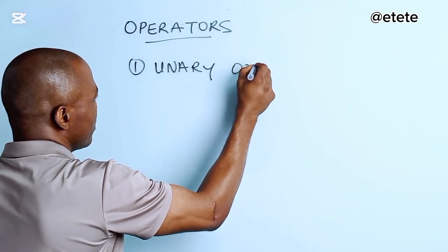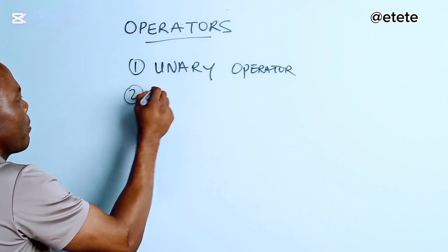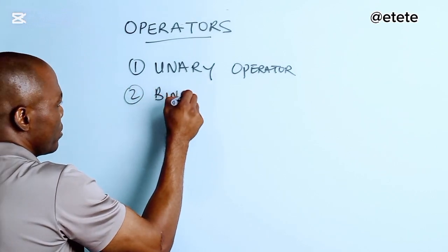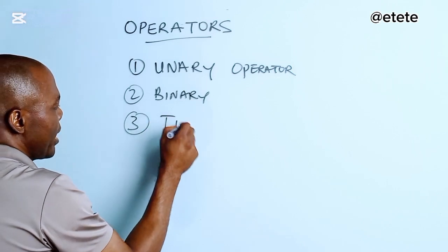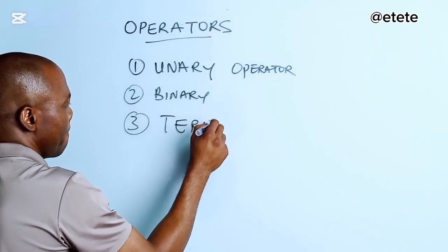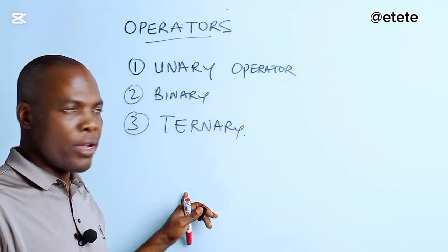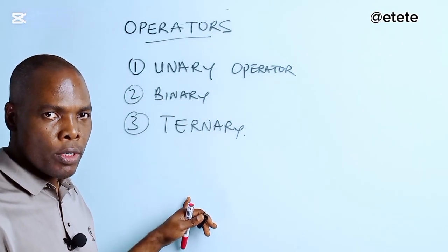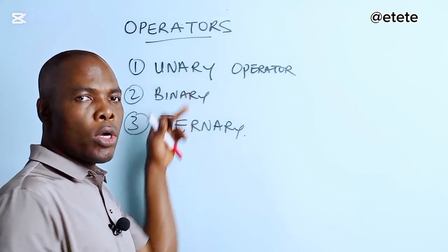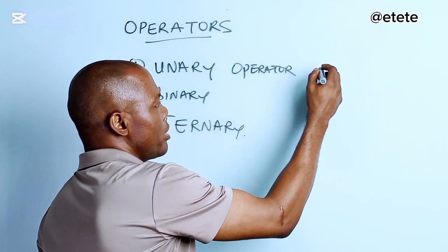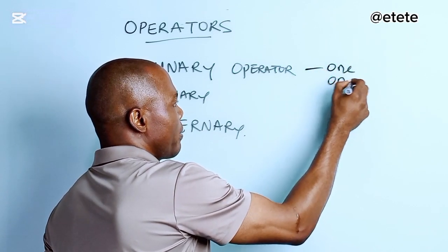An example of an operator: one, we have the unary operator, right? Then we have binary operators. Then we have ternary operators. These are the three groups that we are going to classify all of them into. The unary operator only acts on one operand, just one operand.